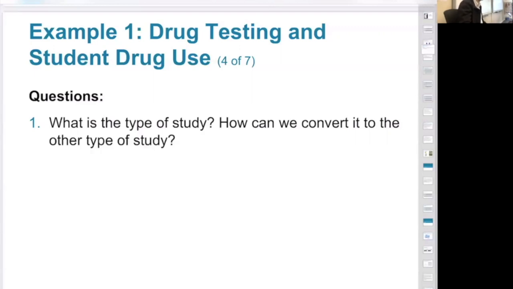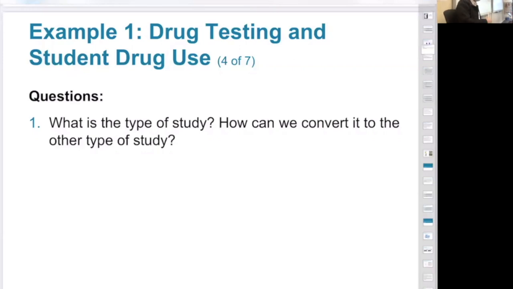Because the researcher doesn't expose the subjects, the students, to any conditions, right? We just observe whether the student does the test or not. We ask the student, do you use drugs or not? That's it. So we just observe that.